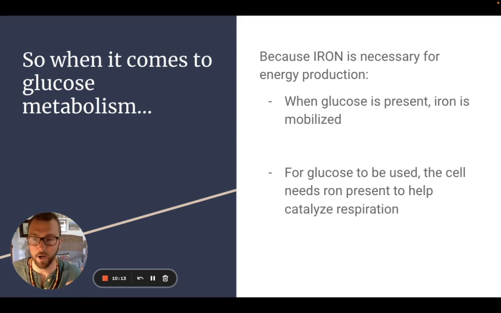Let me go get my iron to make sure I have it ready to make that energy happen, right? For glucose to be used, the cell needs iron present to help catalyze respiration. So you really can't use glucose without having iron there. You need them both.